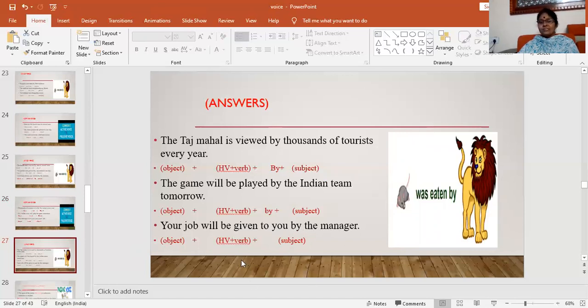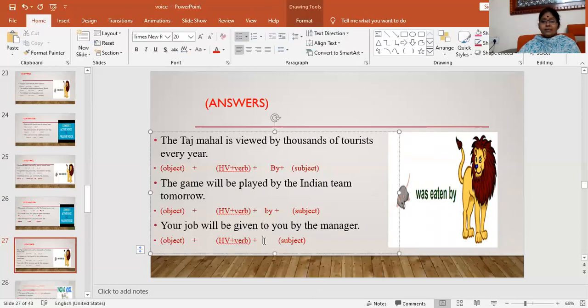See how we have changed, right? So, it is nothing but the object will come over here, and the subject will come in the last. You'll make the necessary changes with the verb, and with by you will add it. Is it clear? So this way we will change our active voice into passive voice. Is it clear now how to change? We have gone from simpler sentences to complex sentences.